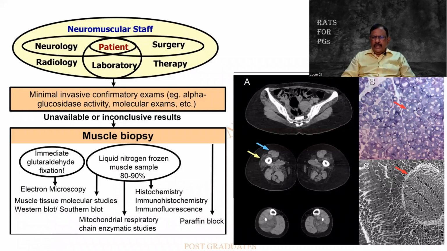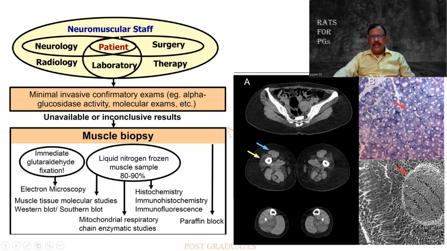Forget all the other things that I have told you and just listen to this. You find that there is a group of people who are the pillars of this process. There is a neuromuscular staff, which means a neurologist, a surgeon, a radiologist, the laboratory, that is a pathologist also included, and then whoever is going to give the therapy.